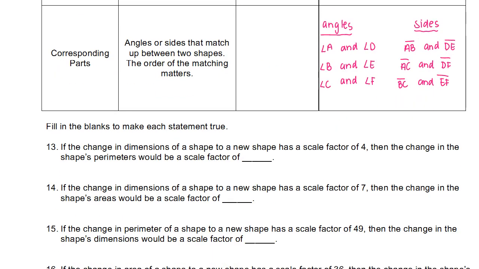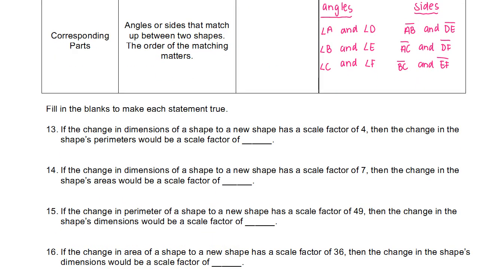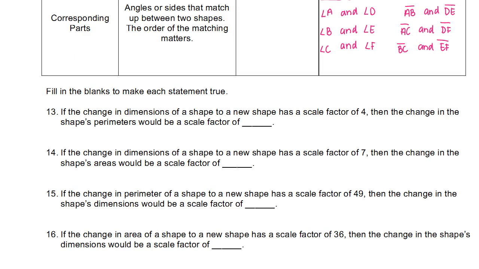Okay, so the last couple of things we need to do are to fill in the blanks to make the statement true. And this kind of goes back to when we were taking the rectangle and the triangle and making it bigger, making it smaller. If the change in dimensions of a shape to a new shape has a scale factor of 4, so that means we've multiplied the side lengths by 4, then the change in the shape's perimeter would be a scale factor of 4.